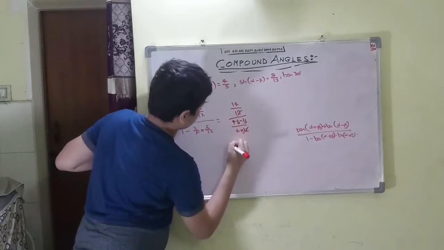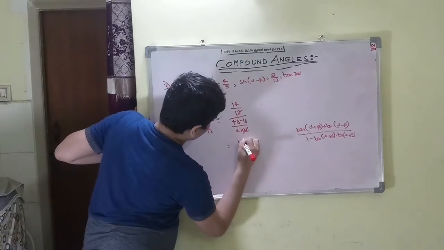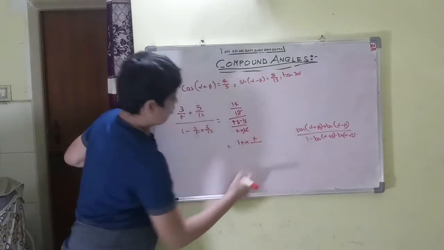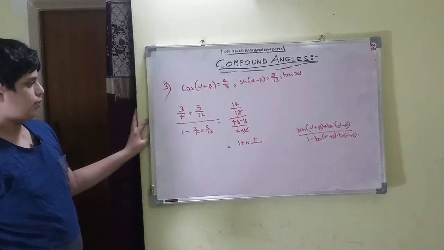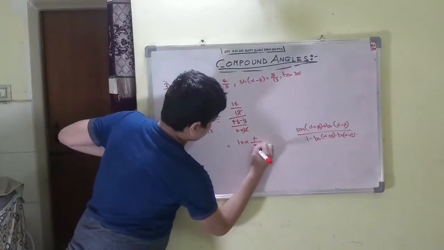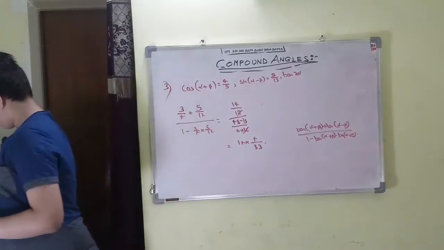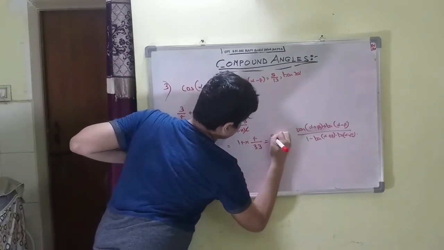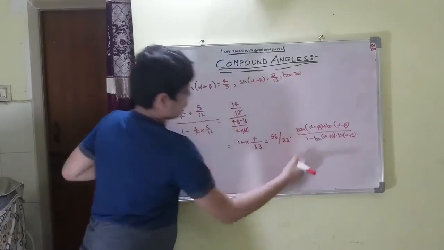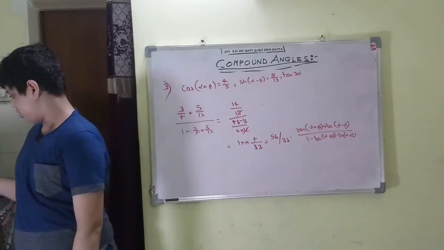So 12 and 12 get cancelled, it is equal to 14 into 4 upon 48 minus 15, which is 33. So this is 56 upon 33. Okay, so this is the answer for this one.